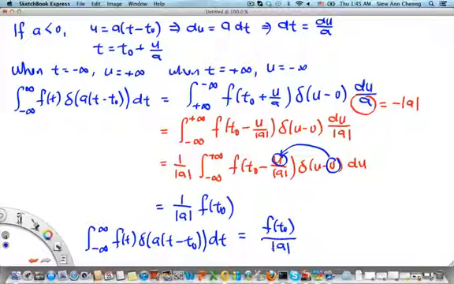So when a is positive, the absolute value of a is just itself. When a is negative, the absolute value of a is, of course, just the positive number that you get by taking the absolute value.